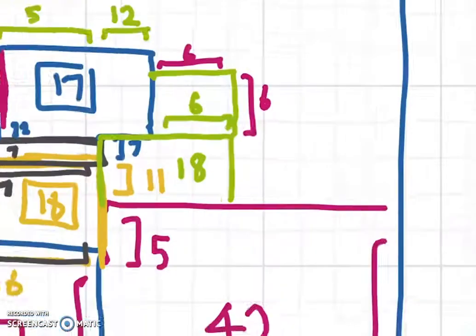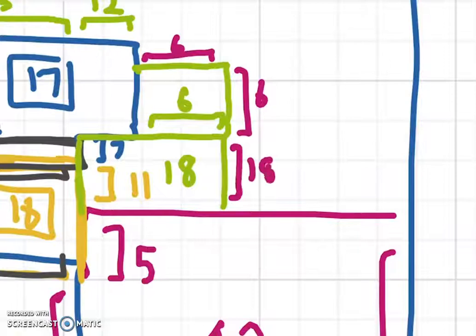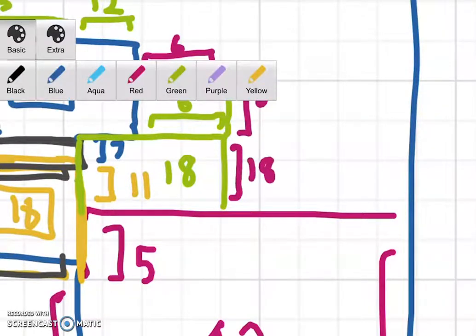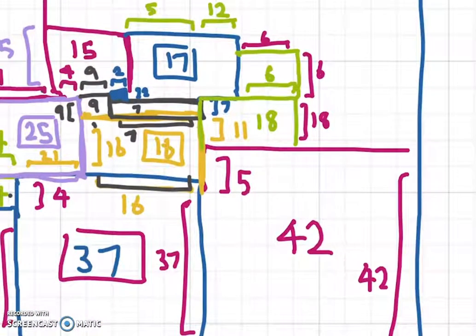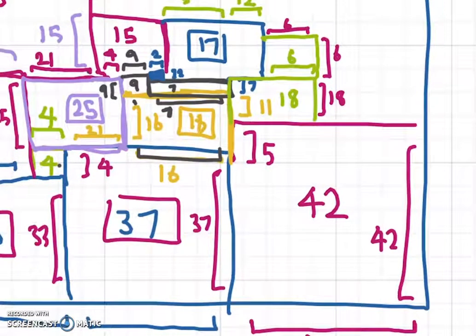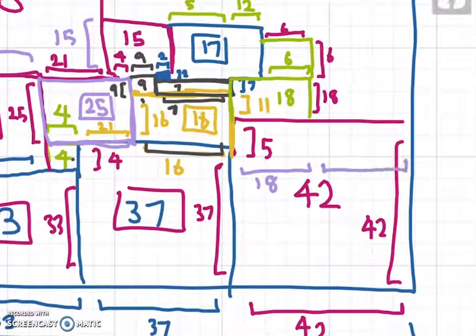Okay, and now since 18 plus 6 is 24, we can make a square of side length 24. But firstly, this distance over here is 18, and this distance over here must be 42 minus 18, which is 24. The 24 square goes like this, it hits the edge.